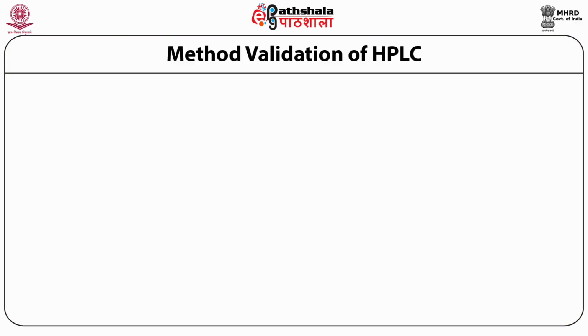Method validation of HPLC. The validation of an analytical method demonstrates the scientific soundness of the measurement or characterization process. It is required to provide validated data throughout the regulatory submission process.